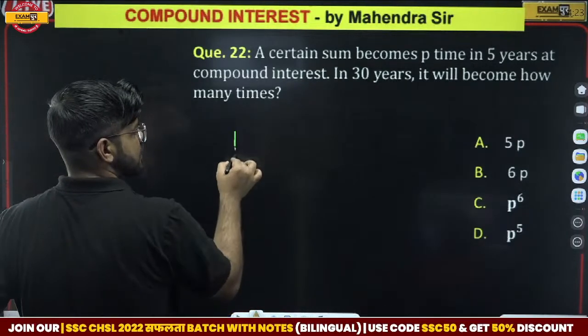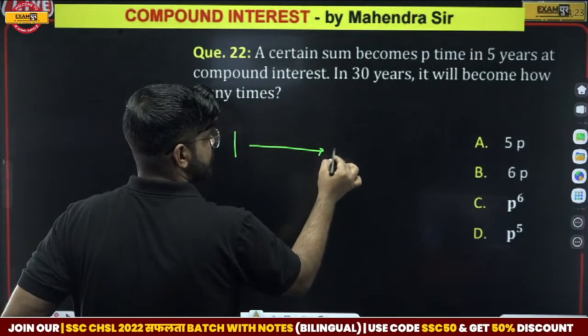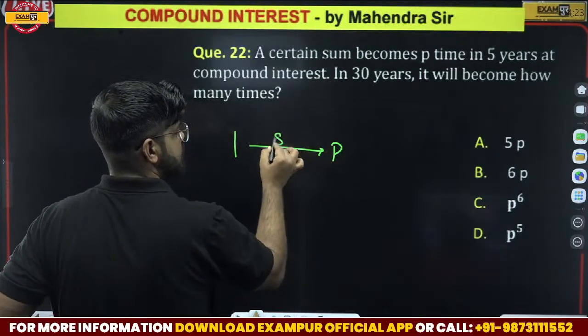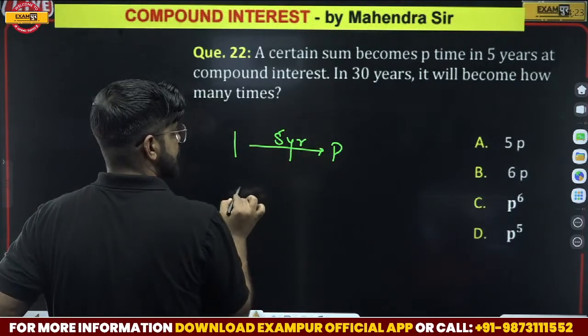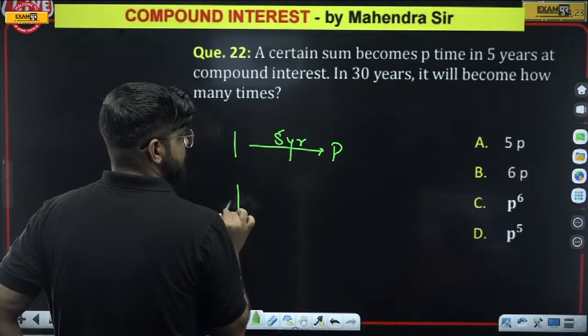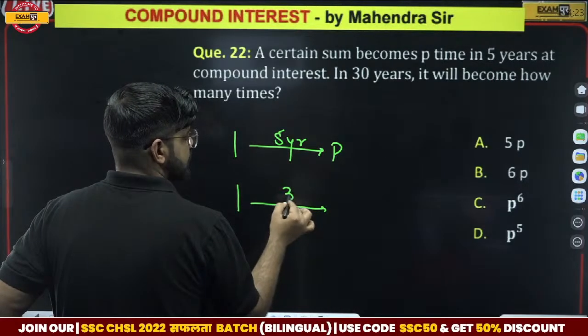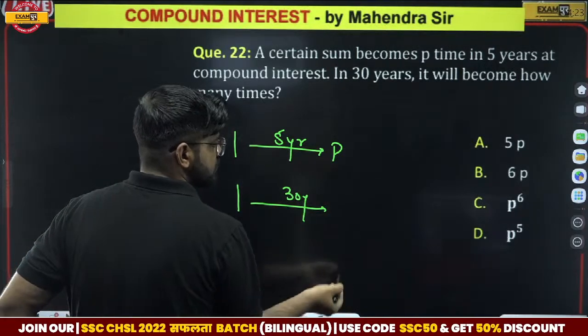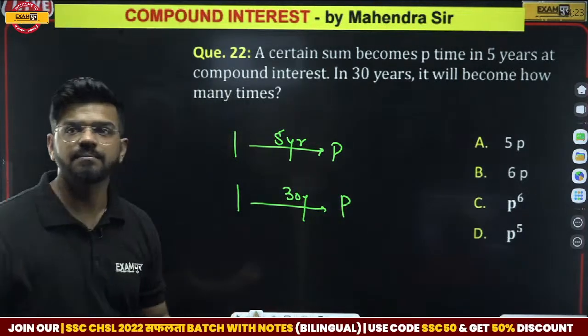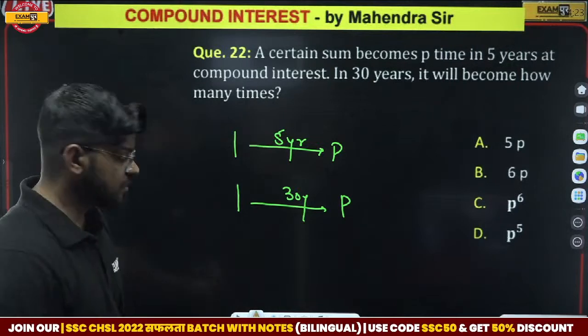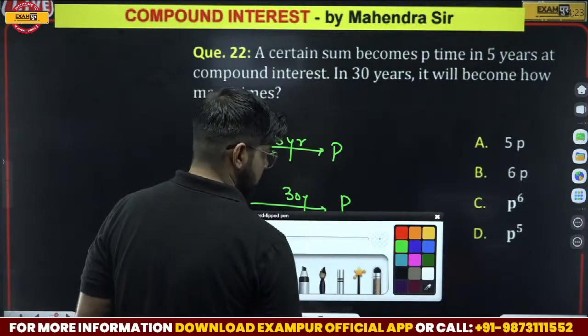Question is saying a certain sum becomes P times in 5 years. So the same sum in 30 years will become? I didn't get any answer apart from Anand.